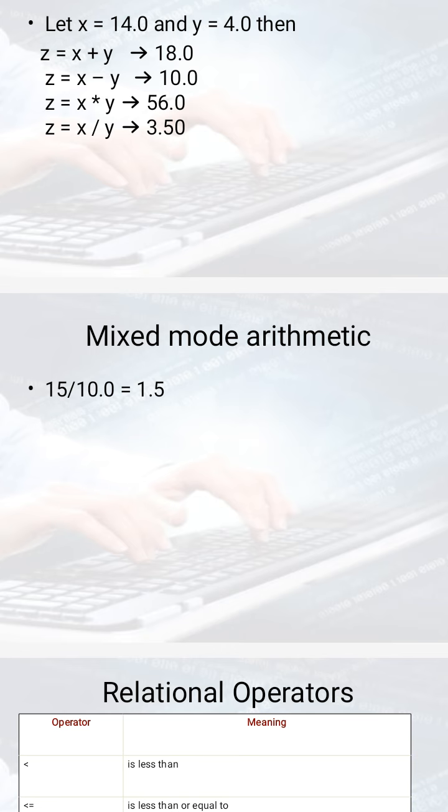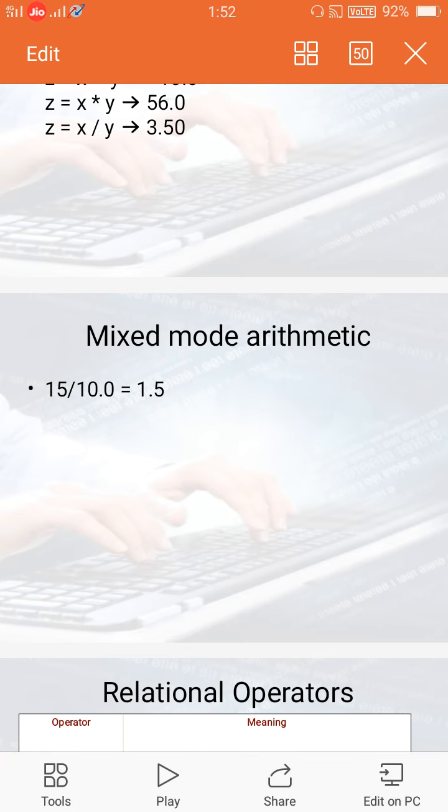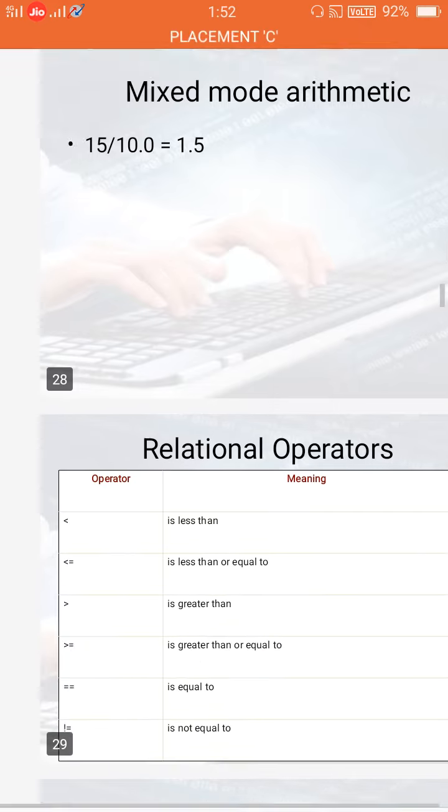Suppose integer occupies 2 bytes, and 10.0 is a floating point number which occupies 4 bytes. Now if we operate 15 by 10.0, the resultant value will be represented as a floating point value, that is 1.5. Like this we can apply the mixed mode operations.